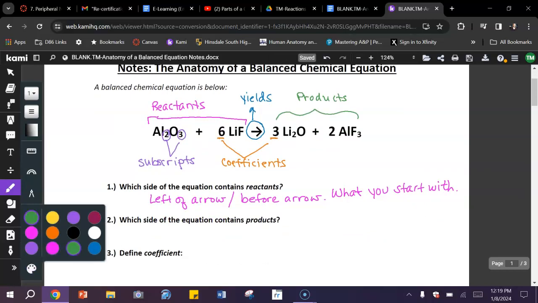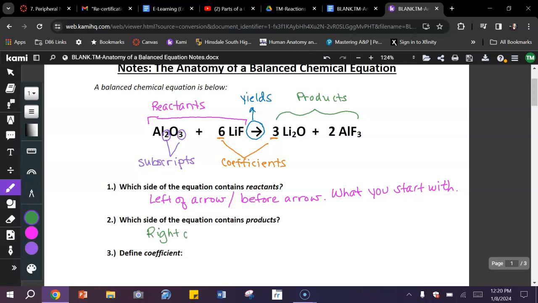The side of the equation that contains the products are those that are on the right of the arrow, or you could say that they are after the arrow. This is what results when you combine the reactants.